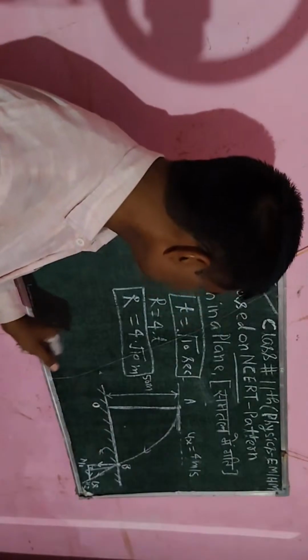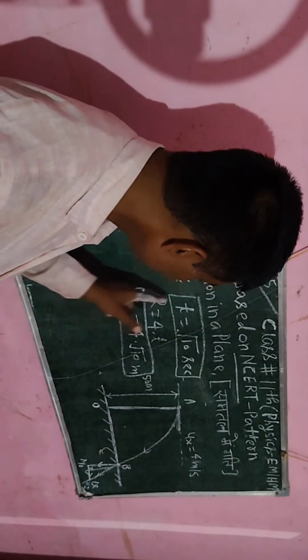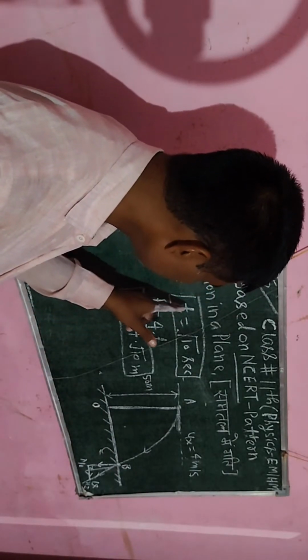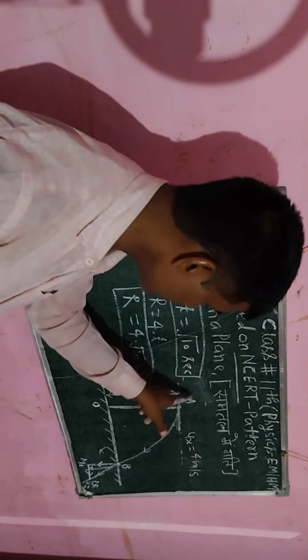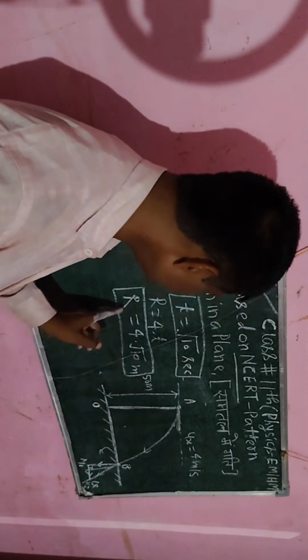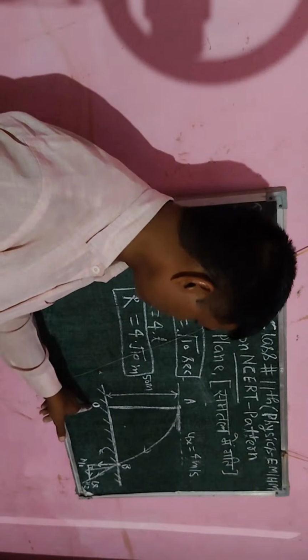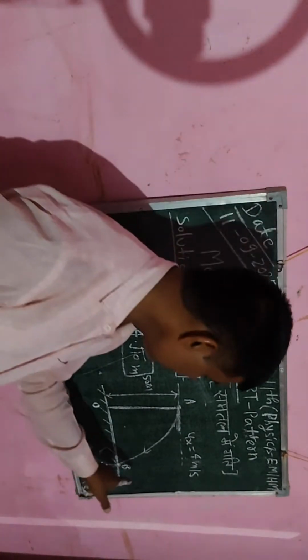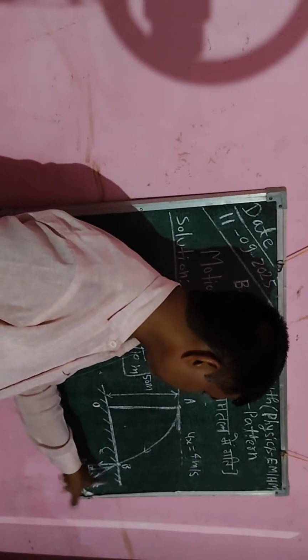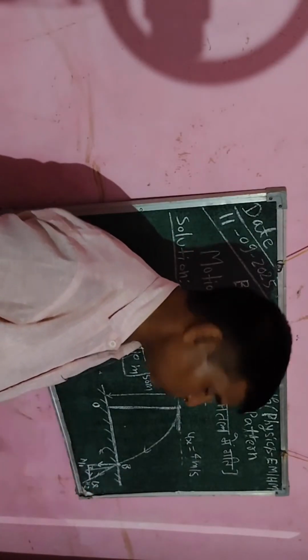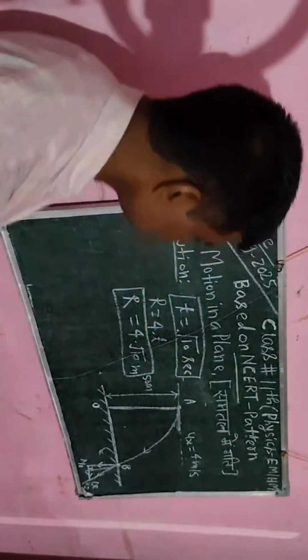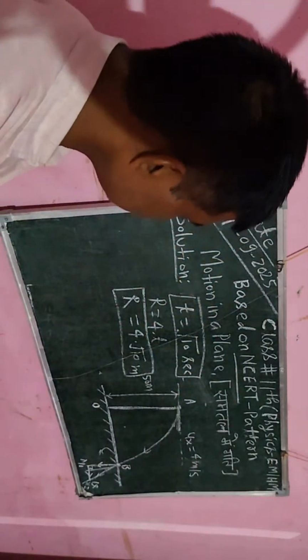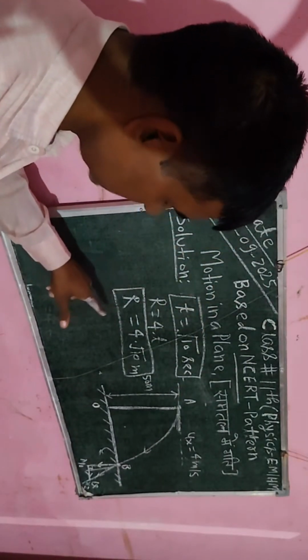Okay, so I have calculated the time that it takes to go from A to B, and also the range from O to B. Now we also have to calculate the resultant of the velocity at B. Okay, so concentrate here on how we have to calculate this.